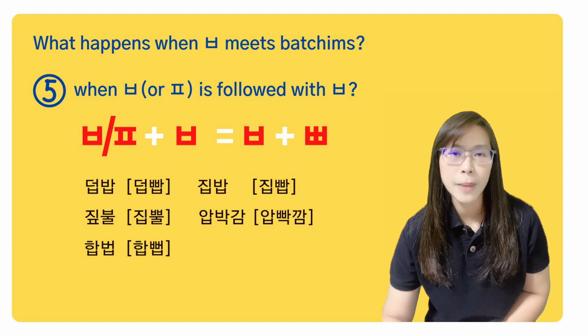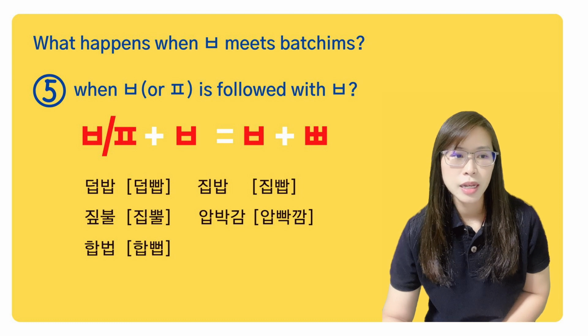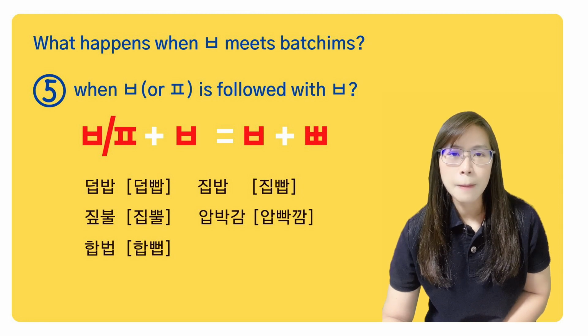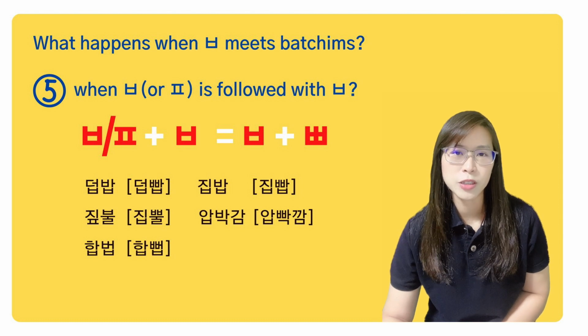It's a double B sound. 지폐, 지폐 is pronounced as 지폐. 합법 is pronounced as 합법. 집밥 is pronounced as 집밥. 압박감 is pronounced as 압박감. Very good. The stress on the double B.